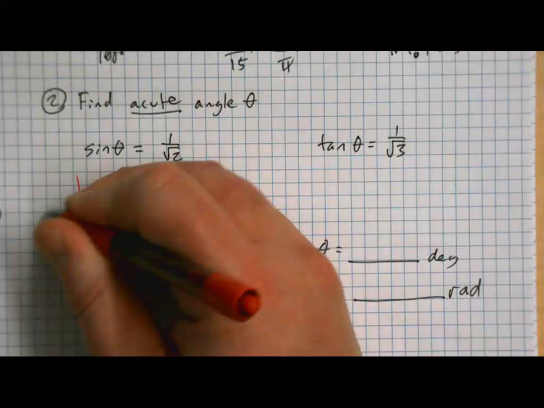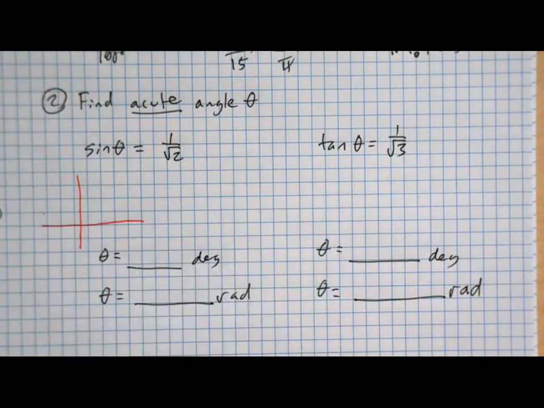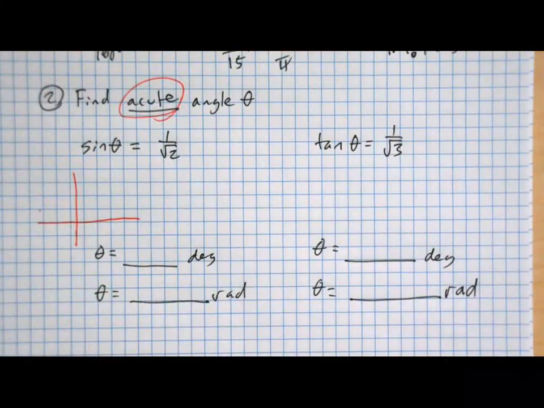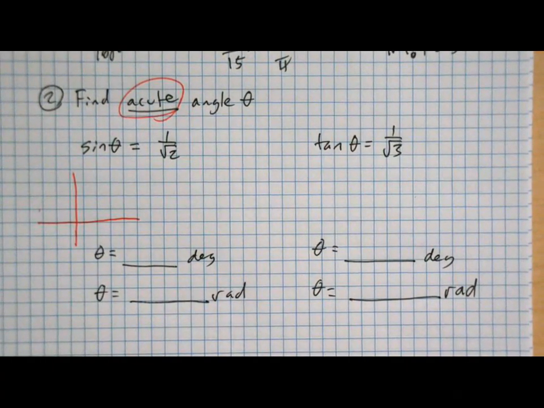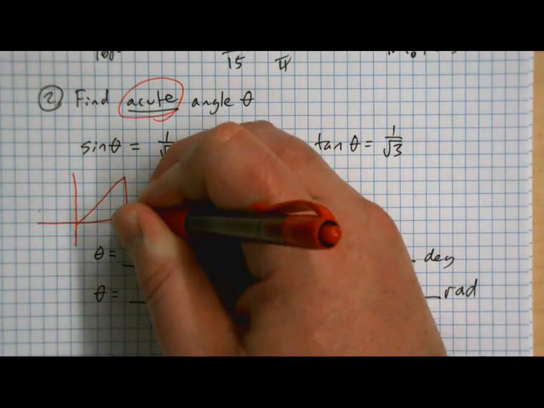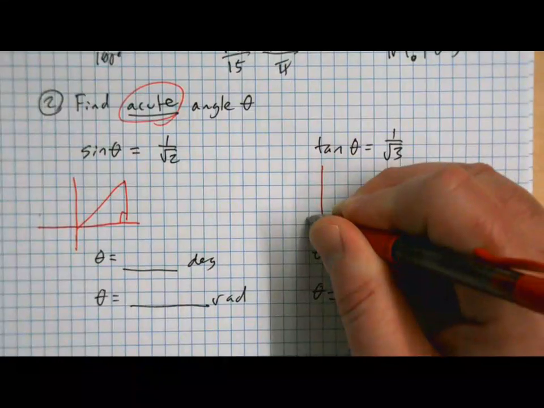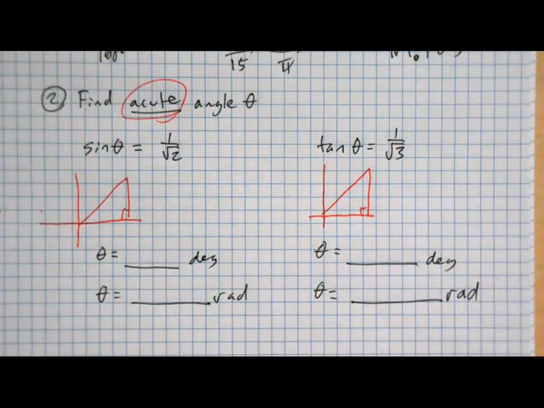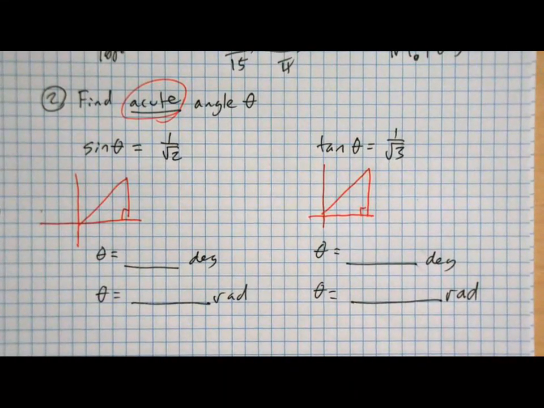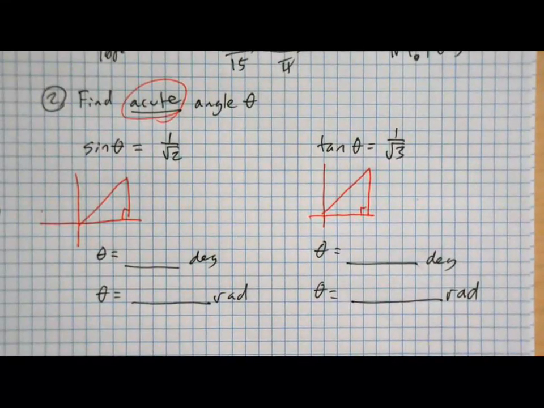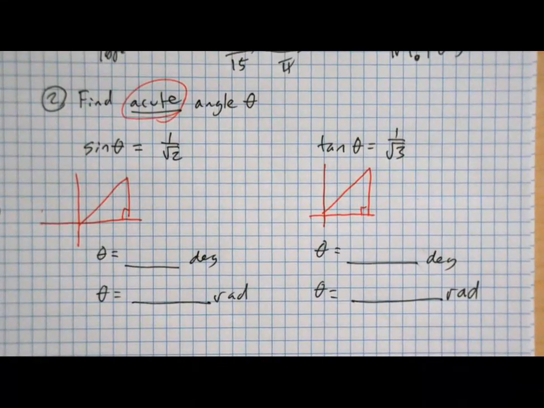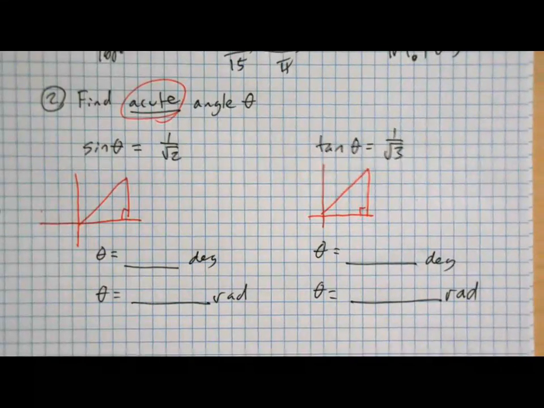Based on the instructions, where must our reference triangle be? It's got to be in the first quadrant, right? An acute angle is between 0 and 90. So for both of these, your reference triangle will be in the first quadrant. The instructions say draw and label a reference triangle in the appropriate quadrant for full credit. So yes, I think an XY axis would probably be a good idea.